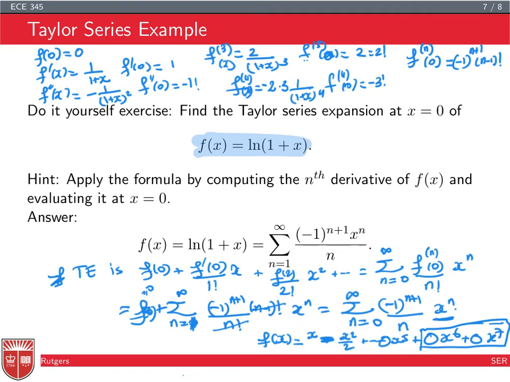And for this reason, the Taylor expansion converges to this function if the absolute value of x, or the norm of x, is less than 1. So whenever you are within that region, then you have a good approximation. Otherwise, outside of the region, the Taylor expansion does not converge to the function f of x.